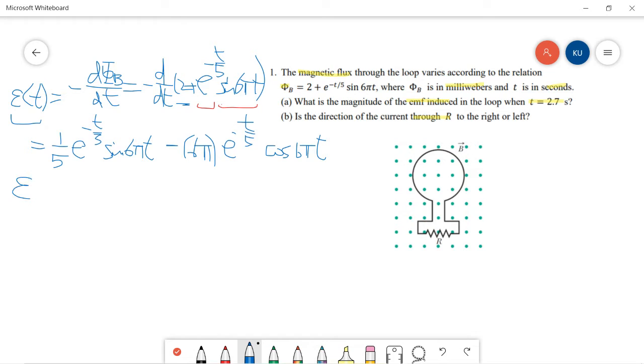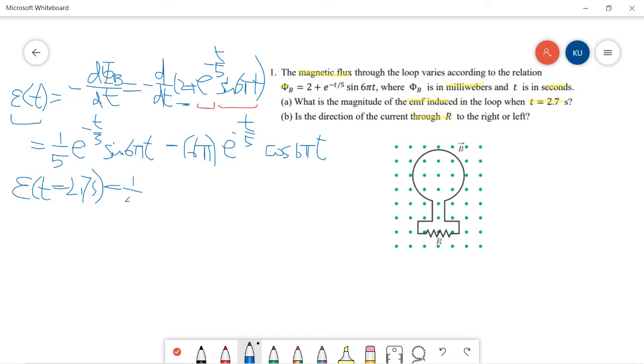Now the EMF for t equals 2.7 seconds. So we substitute t equals 2.7 seconds into the expression.